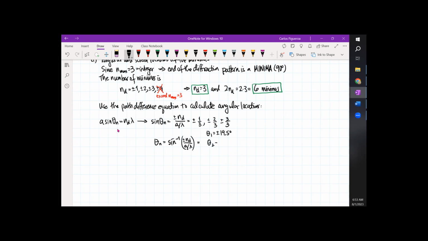Theta 2, punching this into my calculator, is 41.8 degrees. And then finally, theta 3 is going to be plus or minus 90 degrees. So what I'm seeing here is that these are the angular locations of the minimas.